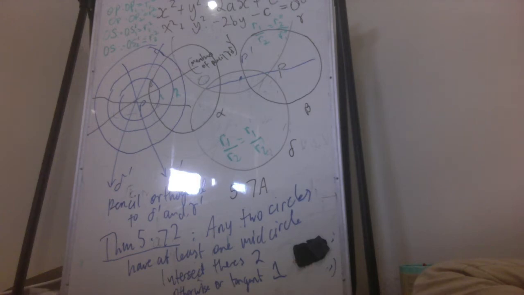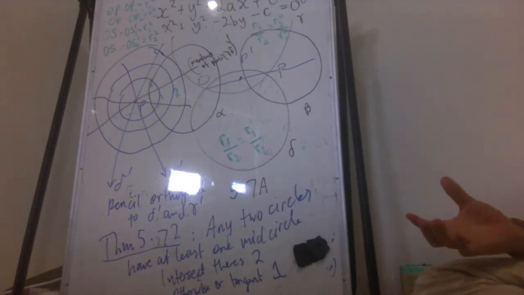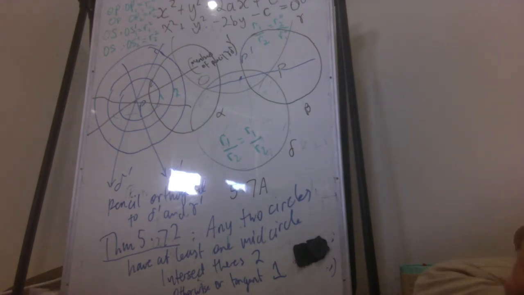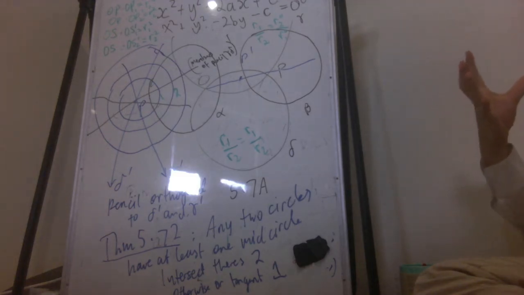Reciprocal. So we kind of know that it's an inverse relationship because the circles that are on the inside now should be on the outside. Is that kind of clear? The innermost concentric circles now will be the outermost concentric circles.